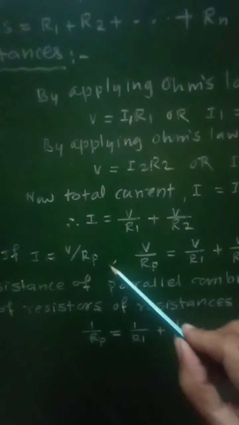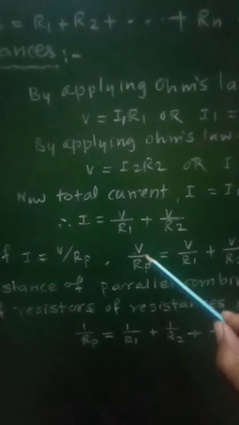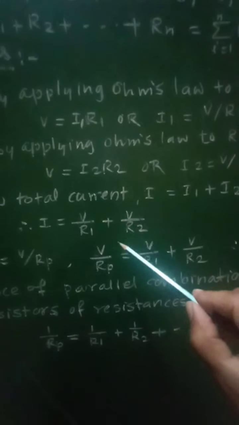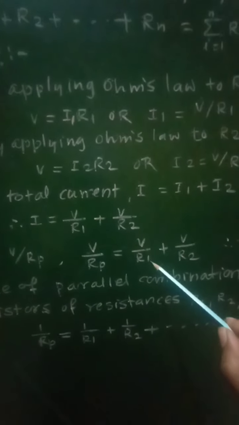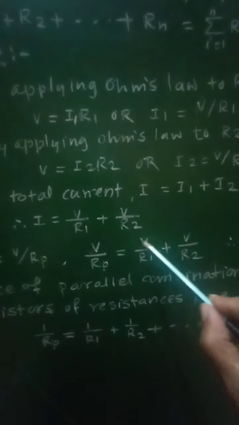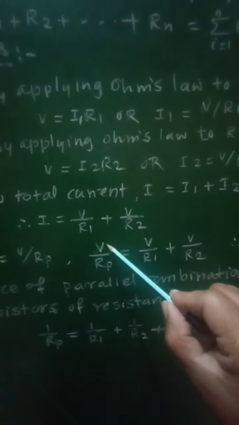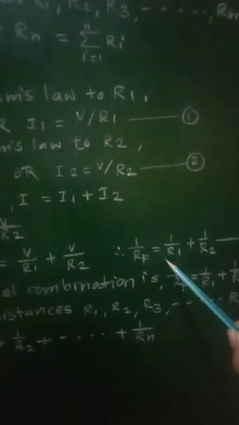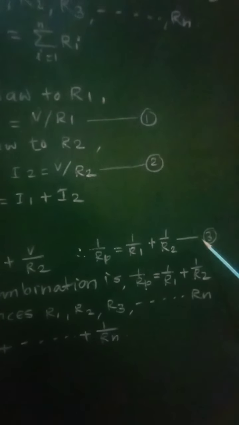Therefore we can write V upon RP equal to V upon R1 plus V upon R2. Taking common this V from the right side and cancelling with this V, we will get 1 by RP equal to 1 by R1 plus 1 by R2, equation number 3.